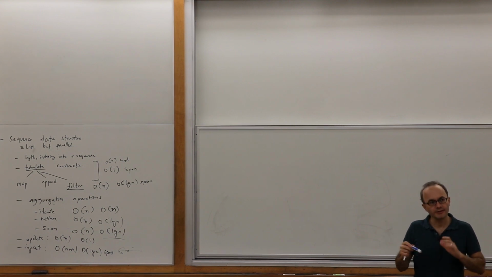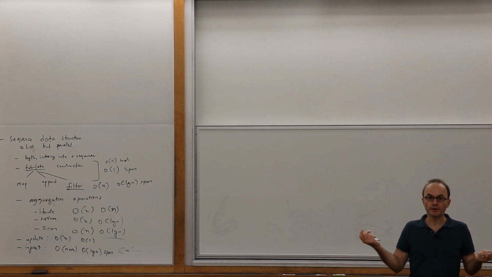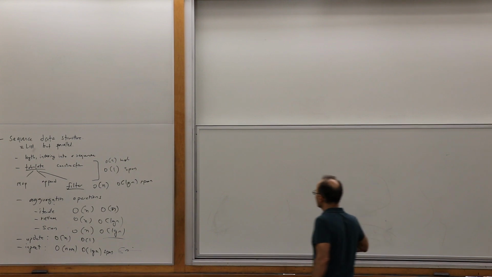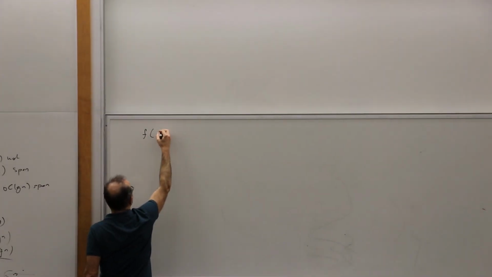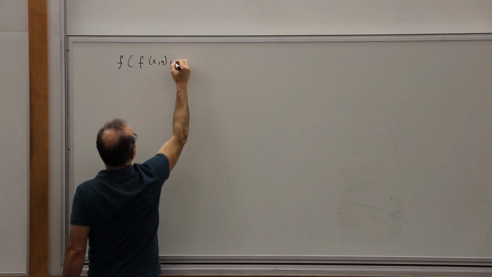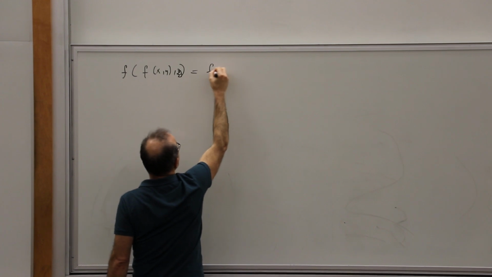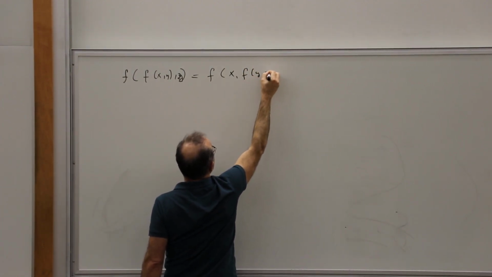You have to think, oh, is this function associative? And how do you prove associativity, right? It's not usually too hard. So if you have your function f, helper function is f, you basically have to prove that f of f of x, y, z is equal to f of x comma f of y, z.